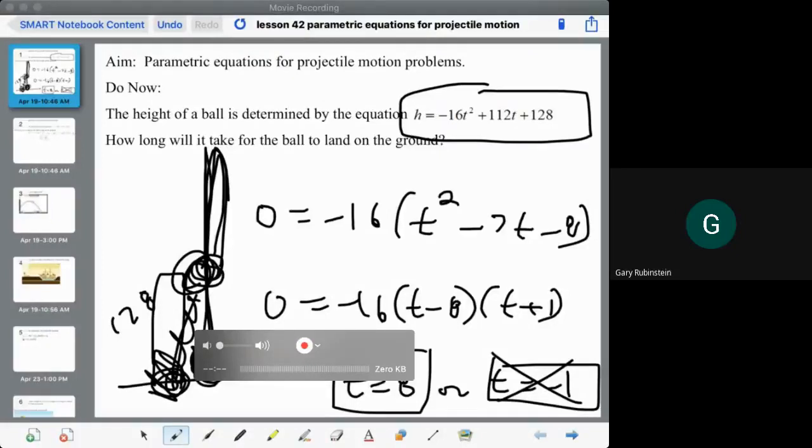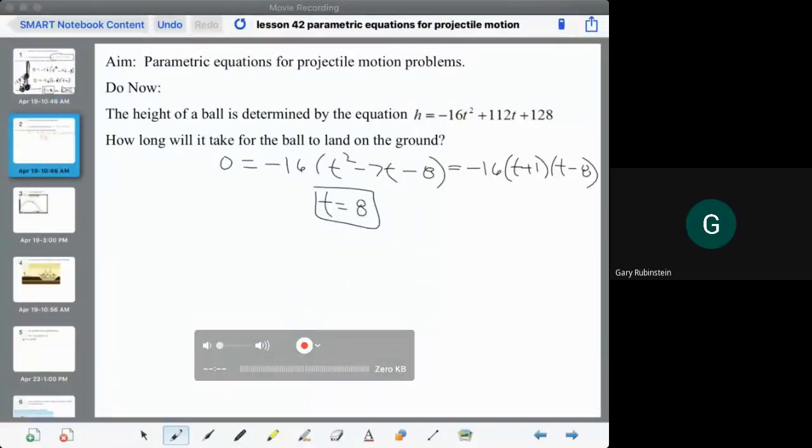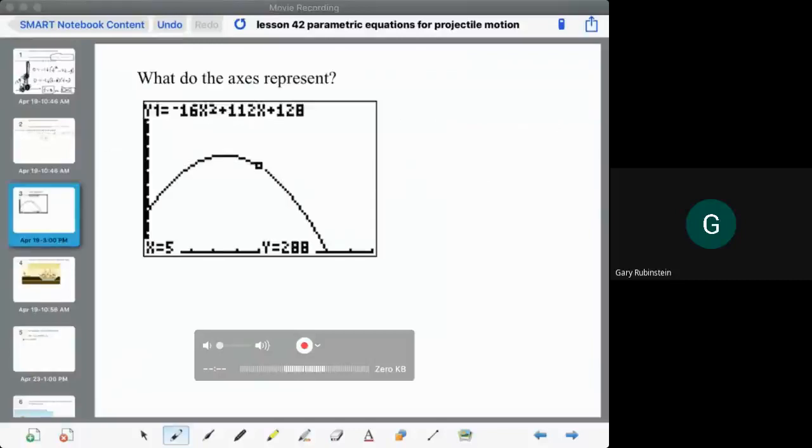Now, if the ball goes straight up and straight down, and I graph this equation, y equals -16x squared plus 112x plus 128, it makes this parabola. But this tells us nothing about how the ball is moving horizontally.